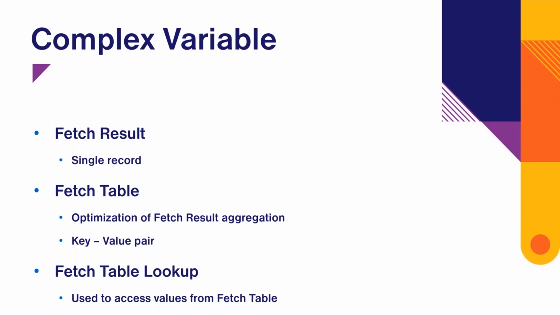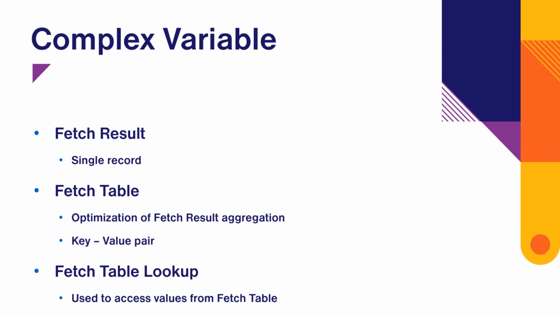Then you can define fetch table. The fetch table is usually used to optimize the fetch result aggregation. So basically, you can aggregate data also for a single record fetch result, but it can create a huge load on the CRM server or on the local database if you are running it over a large amount of records or some more complex conditions.